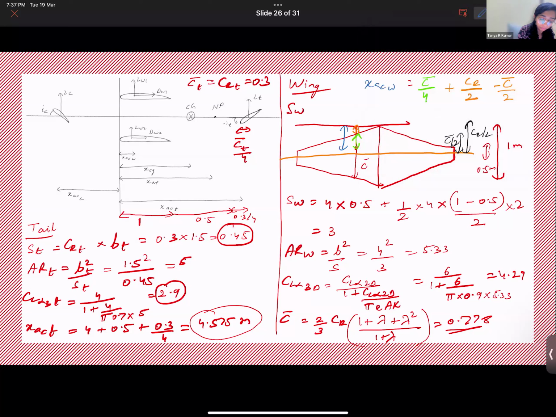XAC wing. Yes? Okay, now can you tell me this value?